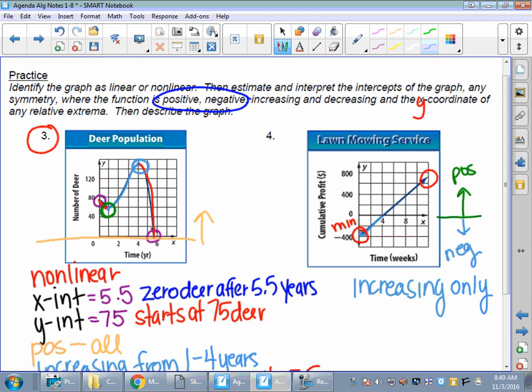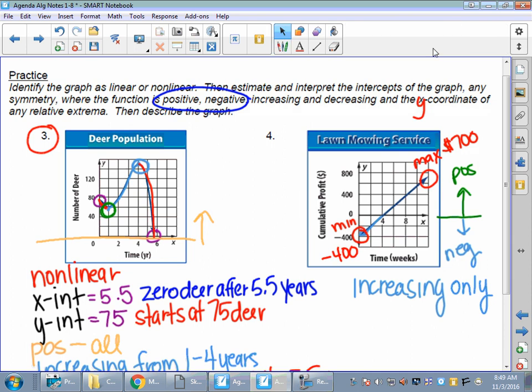So negative 400 would be my y value of that. My relative max would be right here at, what is that, 12 weeks. It would be about $700. So $700 would be my max, and negative 400 would be my min. That's really all I've got.